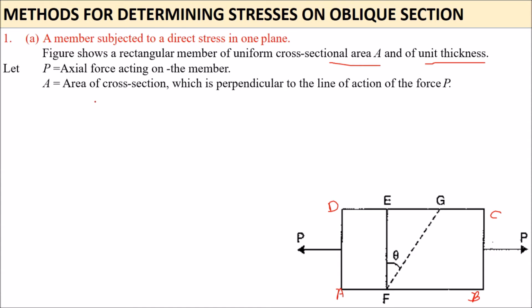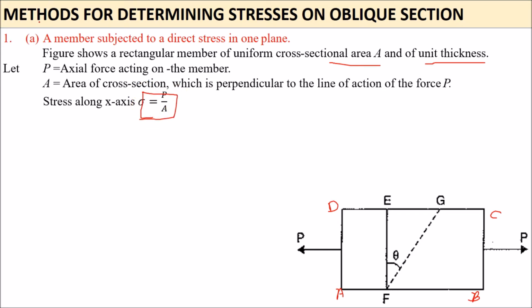P is the axial load, A the cross-section area. How can we find the stress? Stress equals load divided by area. We assume that force is uniformly distributed throughout this section, so stress equals P by A.